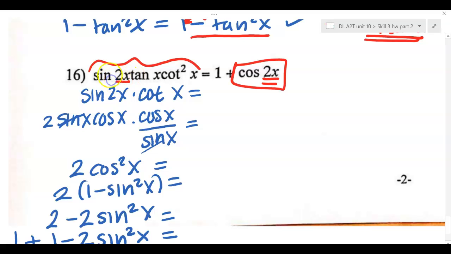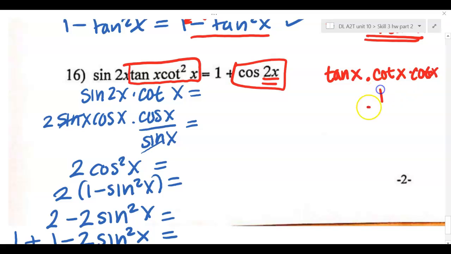Okay. So as I look to simplify what I have here on the left side, one of the first things that I did was I multiplied these 2 things together. Tangent x times cotangent squared x. Remember that cotangent squared is like having 2 cotangent x's. And remember that cotangent x's are the reciprocal of tangent x. So really, it's all of this multiplication that's happening.